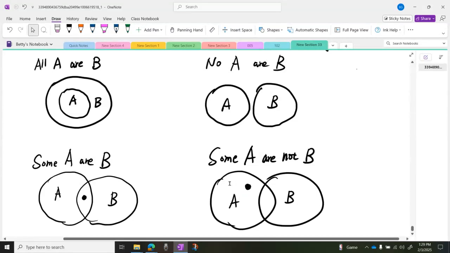Instead, it appears inside circle A and outside circle B. Some A are not B is the same as the claim that at least one member, one element in A does not belong to B, right? Do you see it?